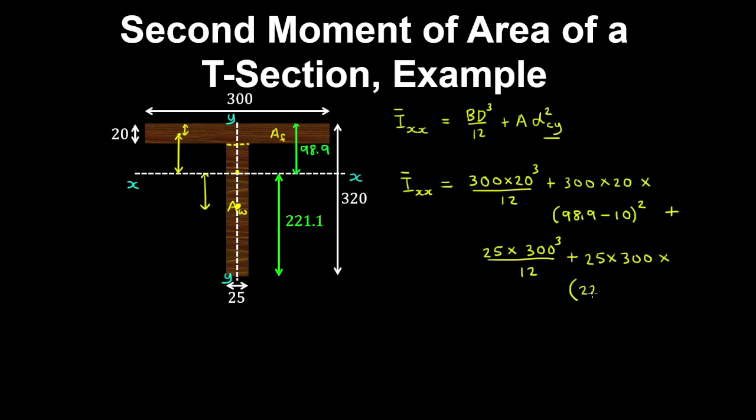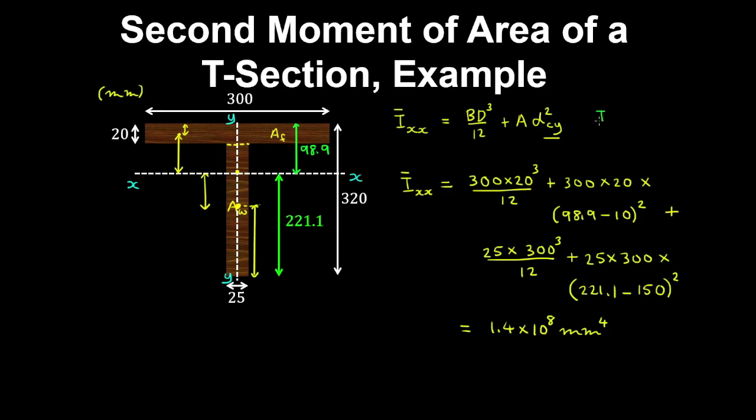So that would be 221.1 minus this distance over here, which is 300 on 2. And that's squared. So if you calculate this out, you'll get 1.4 by 10 to the 8. And assuming units of millimeters for this section, the unit will be millimeters to the 4.